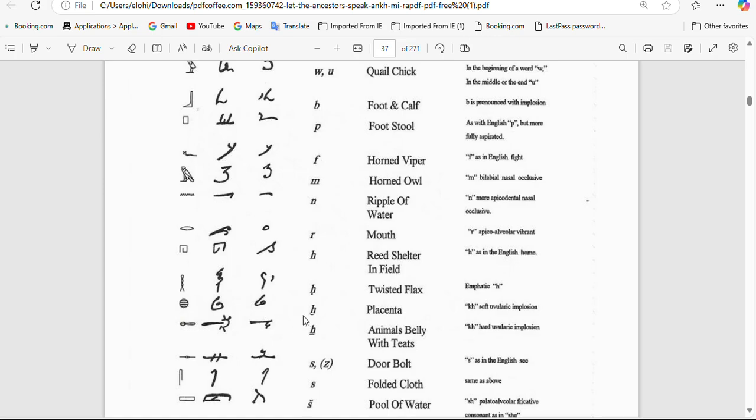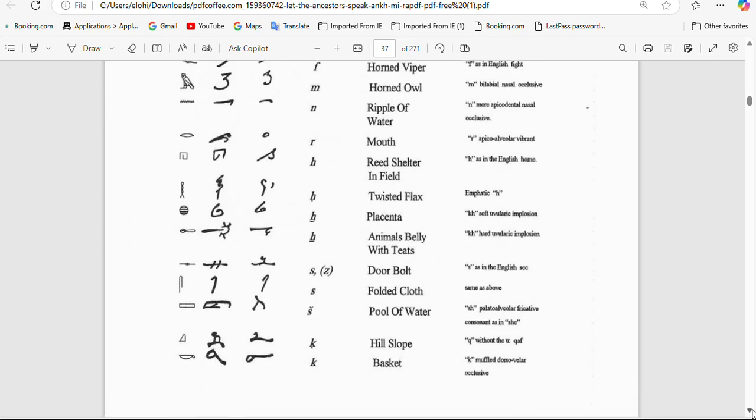You see it in the other two scripts. This is pronounced K. Then you have the animal belly with teeth. You see it in the other two scripts here that we mentioned before. And it's a K. Then we have the doorbolt, which is S as in C. Then you have the folded cloth, which is an S, same as above.